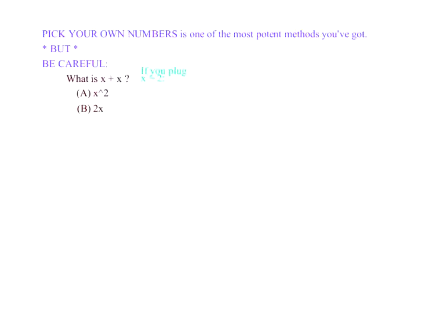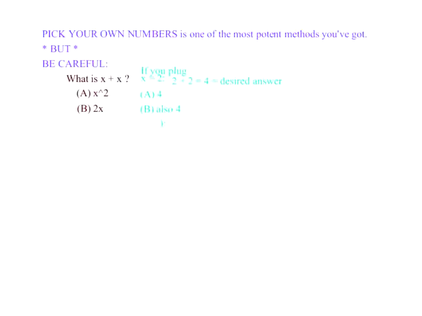You get the same answer for both, and worse, the wrong answer is listed first. So if you just picked the one that you saw, oh look, I got a 4. So 2 plus 2 is 4. That's the answer that I want. So if I just say, oh, A is 4, and pick that, then I'm actually going to get the whole problem wrong. So you have to be very careful there. But B is also 4.